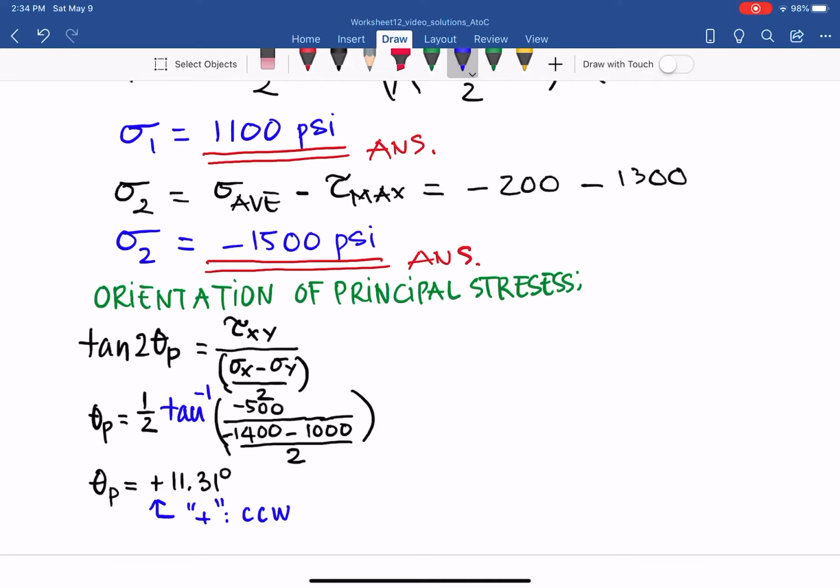If it's positive, then counterclockwise. If it's negative, then clockwise. Very simple. Now let's draw the state of stress block.